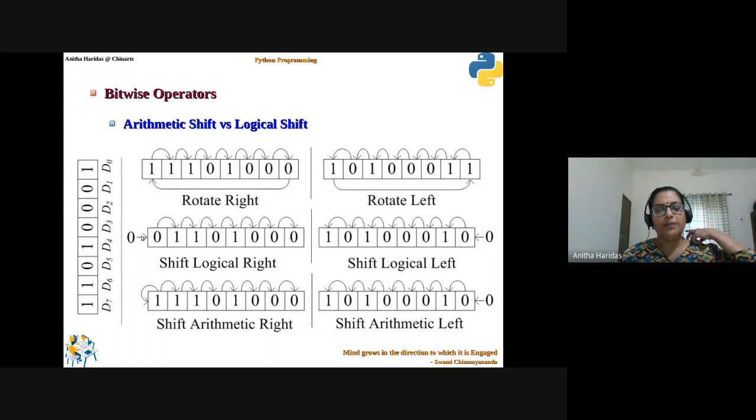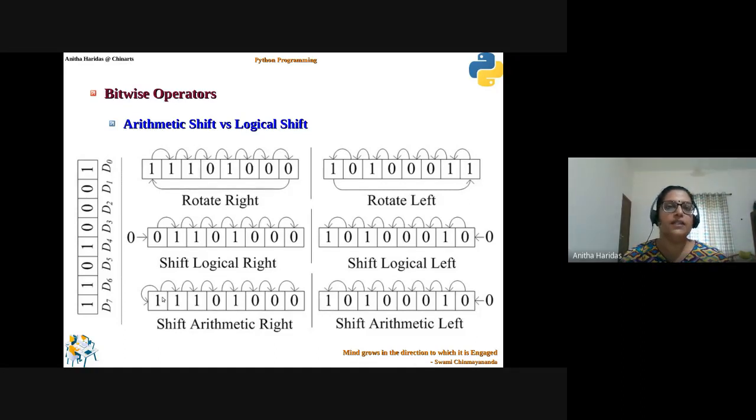Now, if I have arithmetic shift, your arithmetic left shift is similar to your 0 fill shift. It is similar to your logical shift. There is no difference. But if it is arithmetic shift right, the right shift will be considered based on whether I have 1 in the most significant bit.